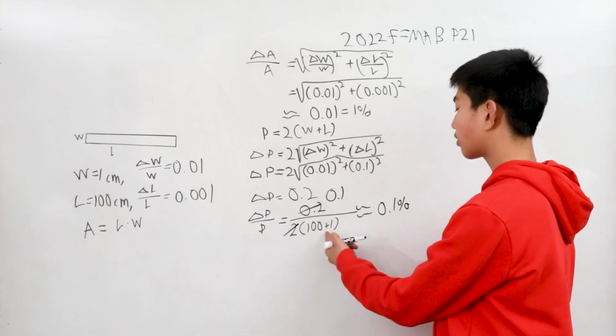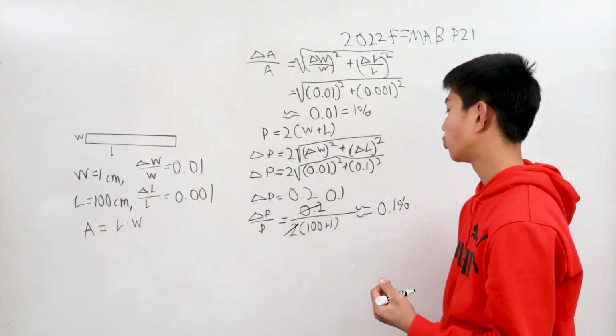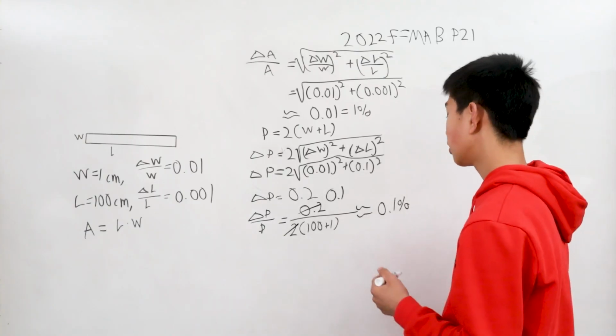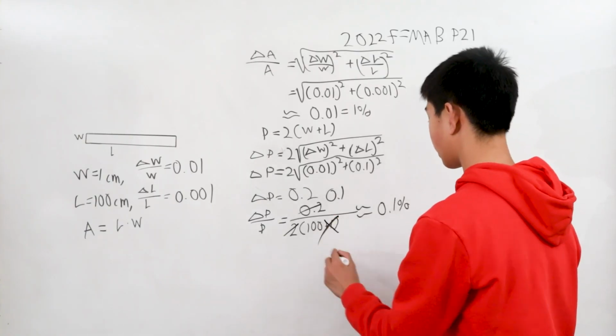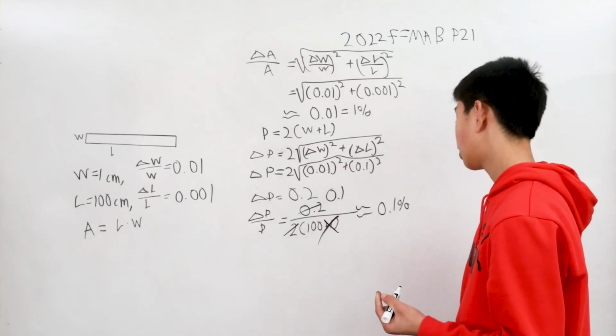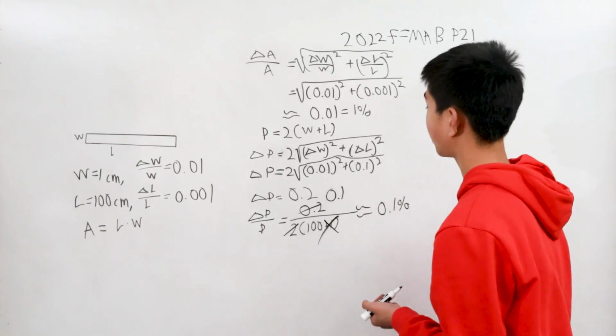And why we write it in this form, 100 plus 1, is because since you want to estimate, you can say that the 1 doesn't matter because it's such a small change. And since you're dealing with powers of 10, it's just easier to divide like this.